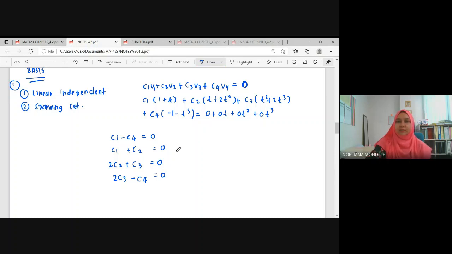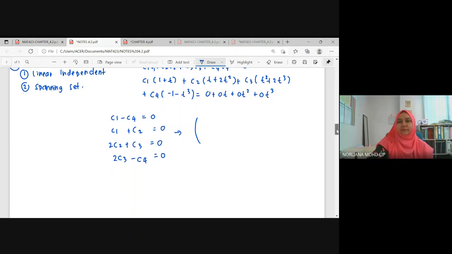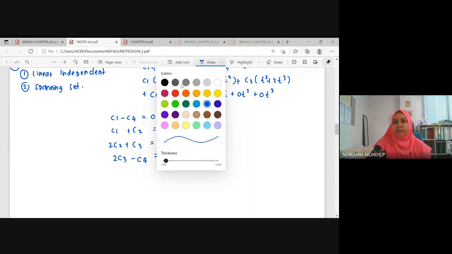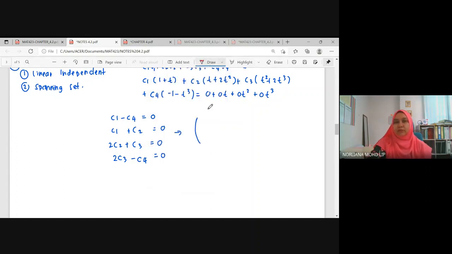Dan masukkan ke dalam augmented matrix. So macam tadilah kita tahu untuk first column c1, c2, c3, c4.